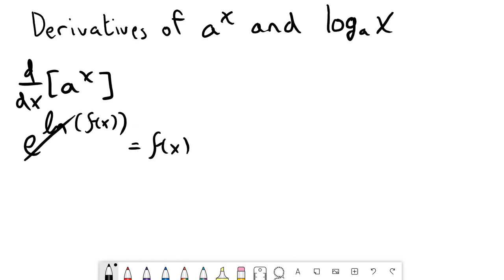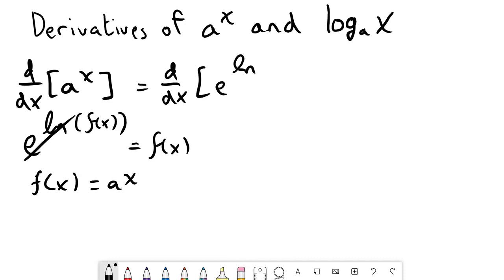This is the property of an inverse function. Can I use that to my advantage? Can I just make the function equal to a to the x? I actually can.